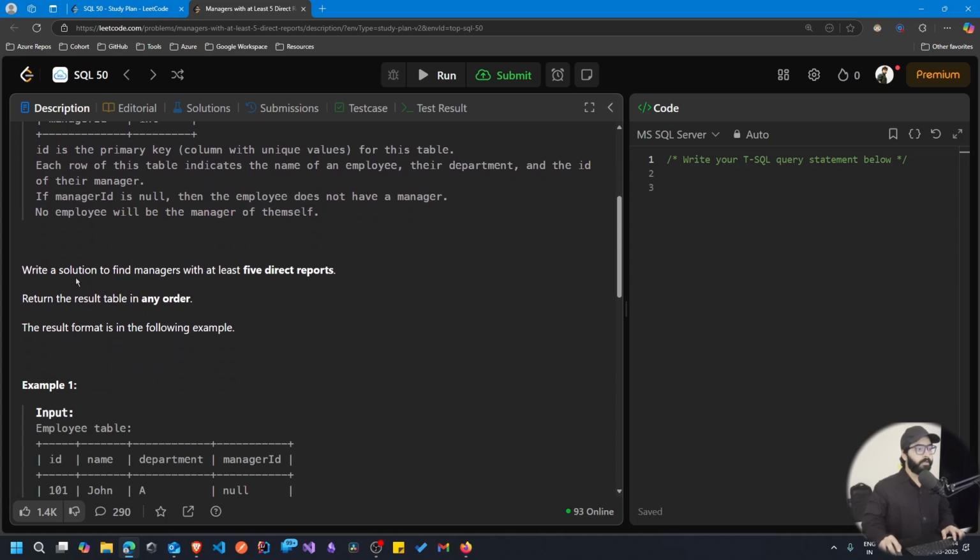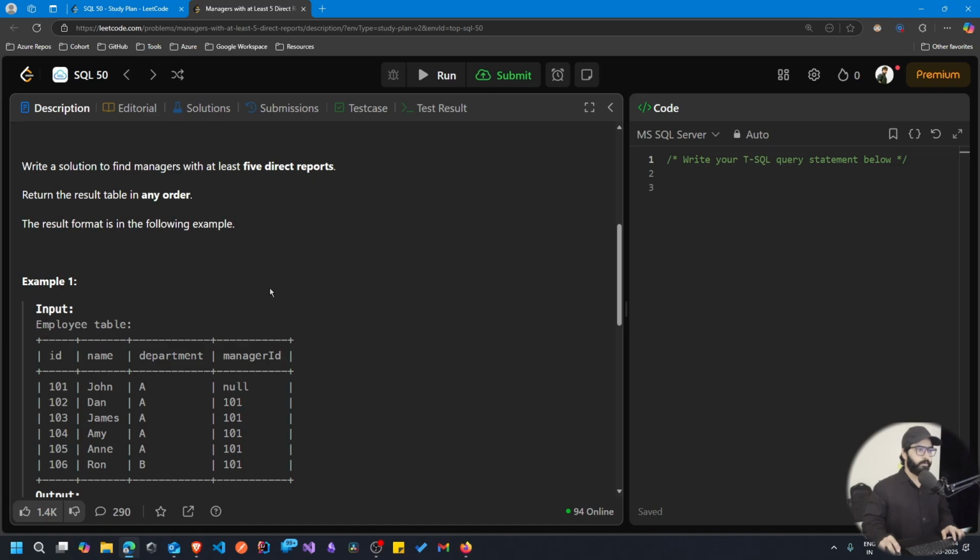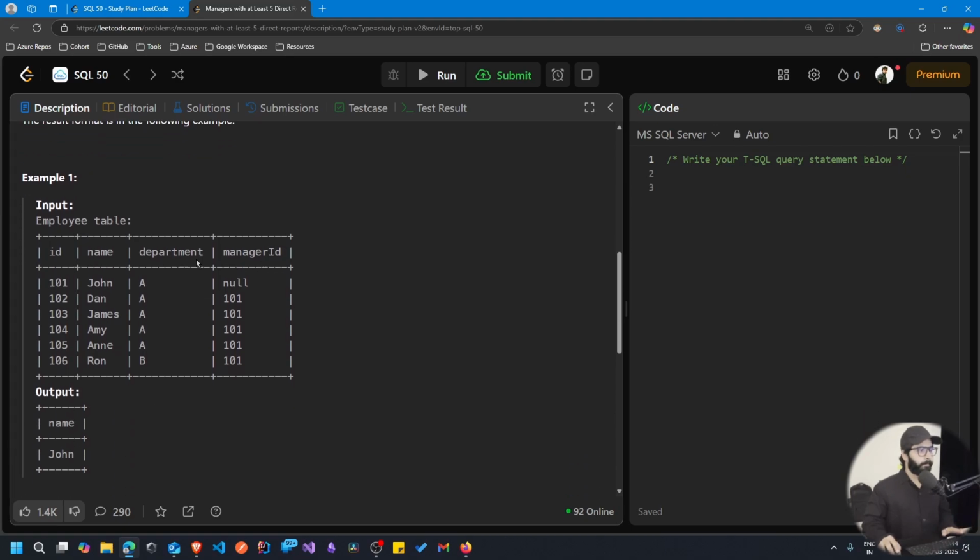Write a solution to find managers with at least 5 direct reports. Return the result table in any order. In the example, 101 is John, and John has no manager.